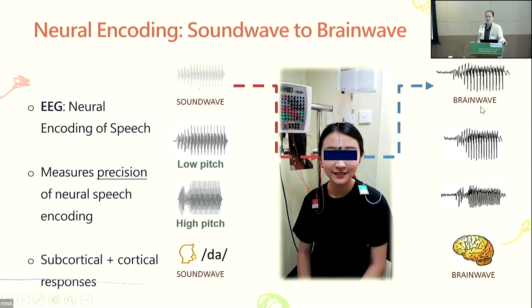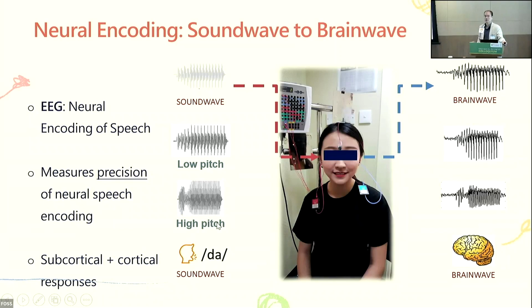Okay, so you can see that the brain wave is very closely resembling the sound wave that we present to the subject. So that's why we call it encoding. It's encoding very faithfully for this adult subject the incoming speech signal that we presented to her.